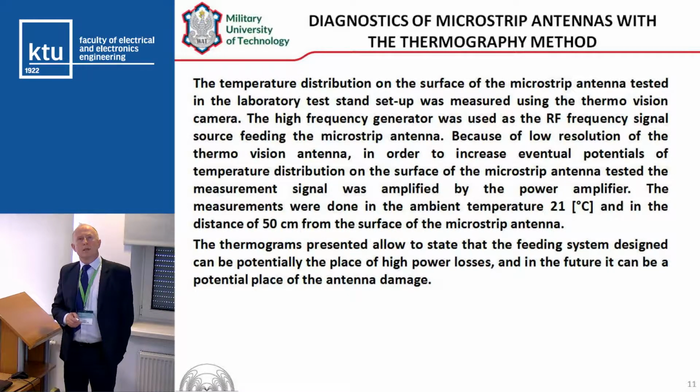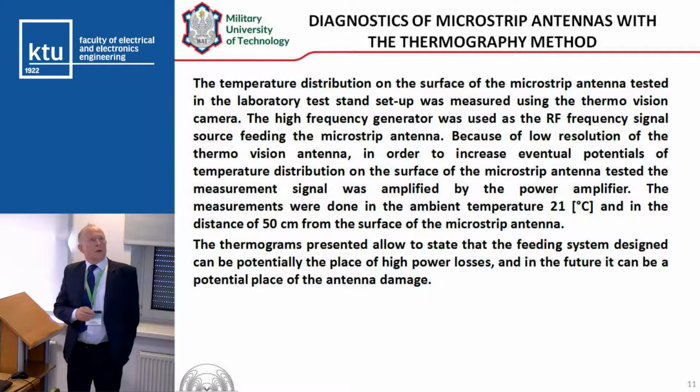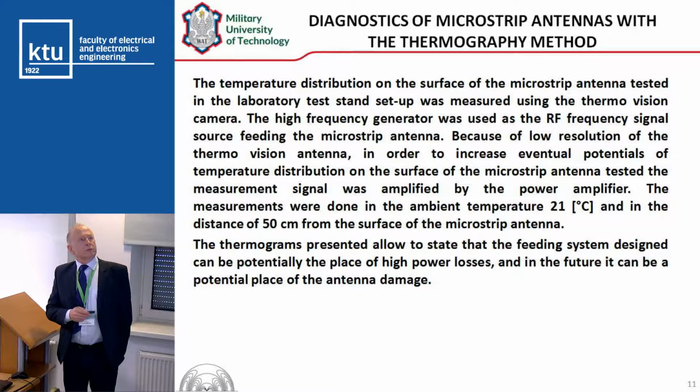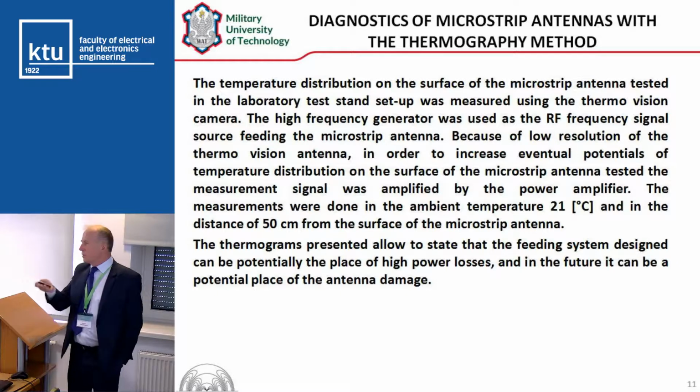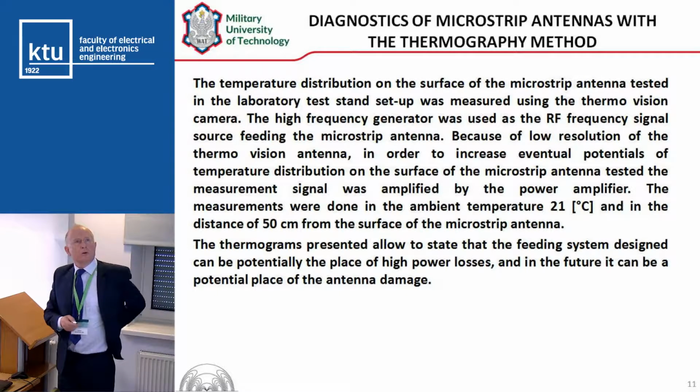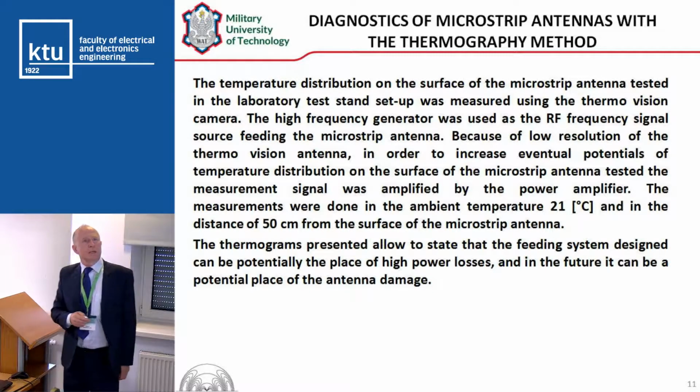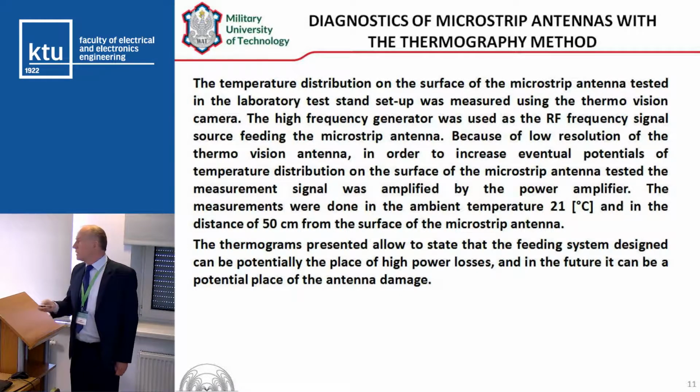Because of the low resolution of the thermovision camera, because this camera was very cheap, not high-level equipment, in order to increase eventual potentials of temperature distribution on the surface of the microstrip antenna tested, the measurement signal was amplified by the power amplifier. The measurements were done at the ambient temperature 21 degrees centigrade and at the distance of 50 centimeters from the surface of the antenna.